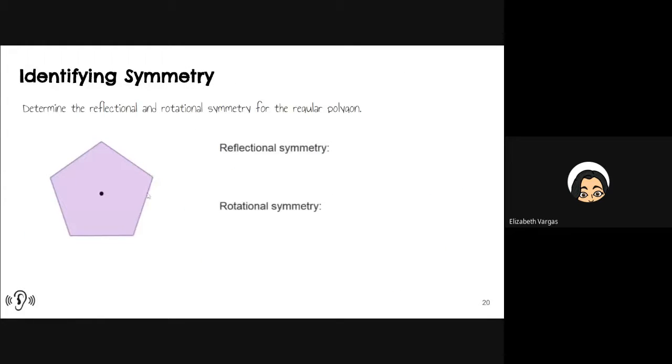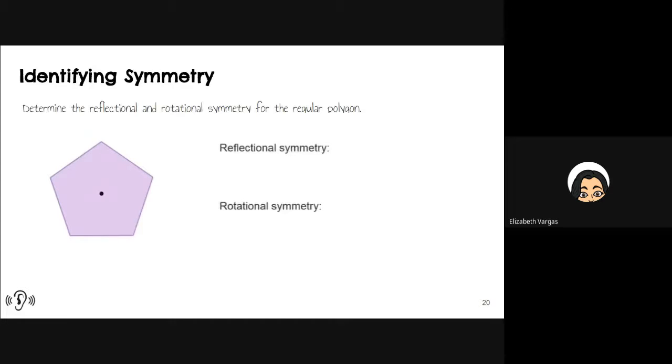So here we have a regular polygon. What is the reflectional symmetry of this regular polygon? Can someone tell me? We're looking for a number. How many lines of symmetry does this regular polygon have? If we know it's a regular polygon and we know it has 5 sides, 1, 2, 3, 4, 5, what is the reflectional symmetry?